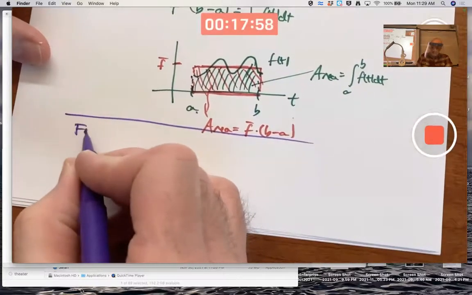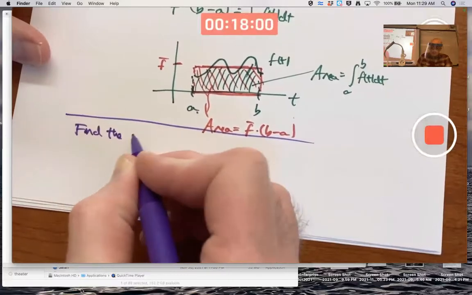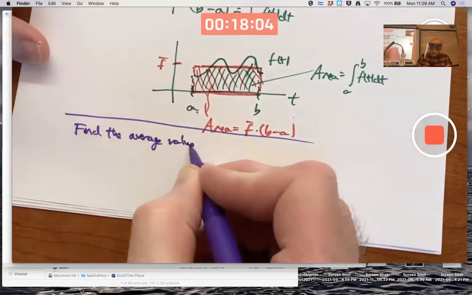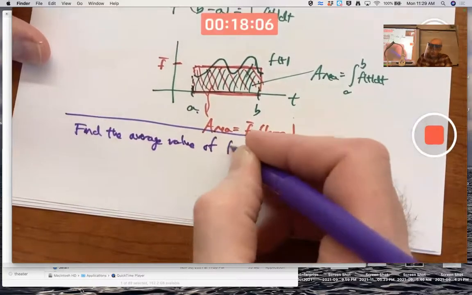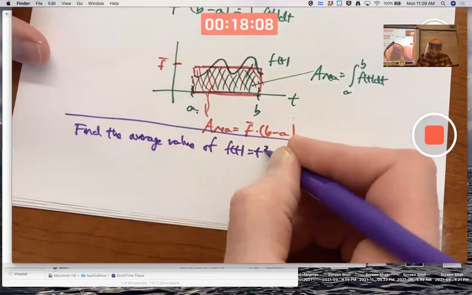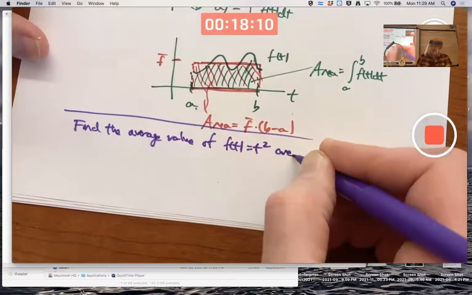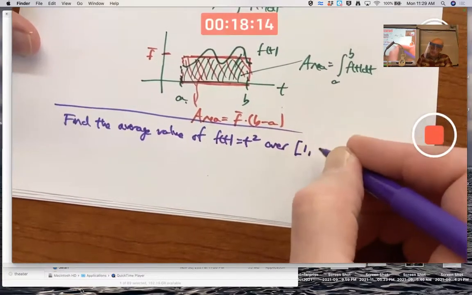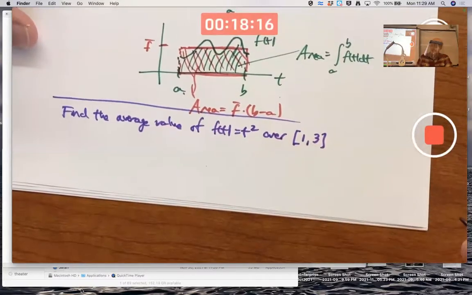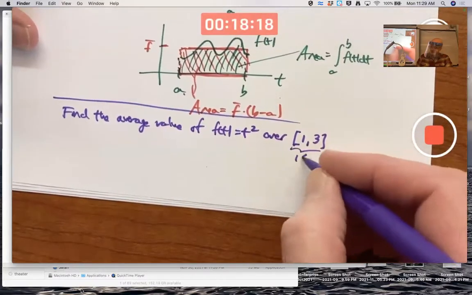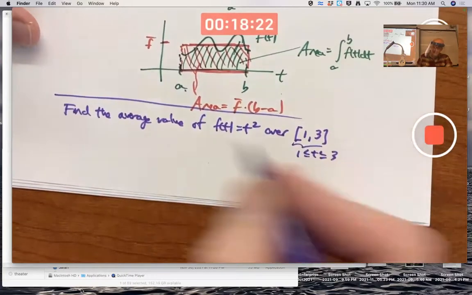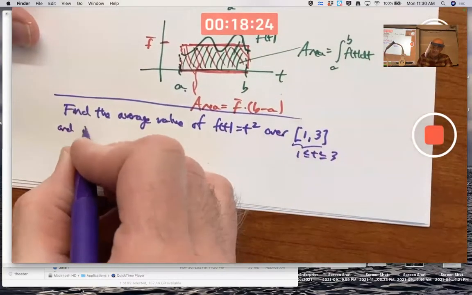Find the average value of f of t equals t squared over the interval t goes from 1 to 3. I'll go ahead and use interval notation for that, just to kind of get you used to it. This means t is between 1 and 3. And interpret it geometrically.